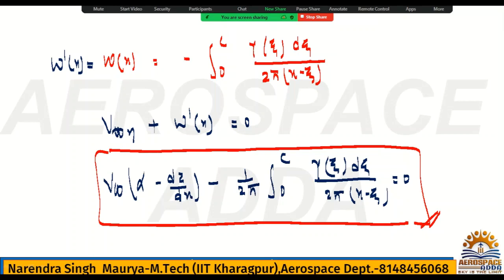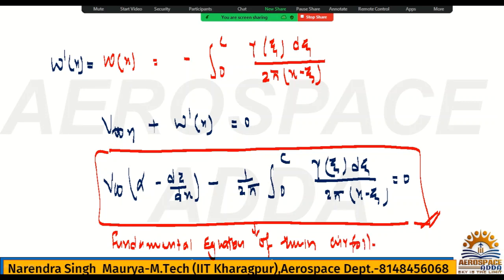Okay, this is the fundamental equation of thin airfoil.